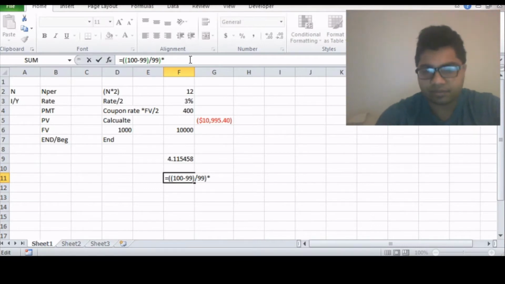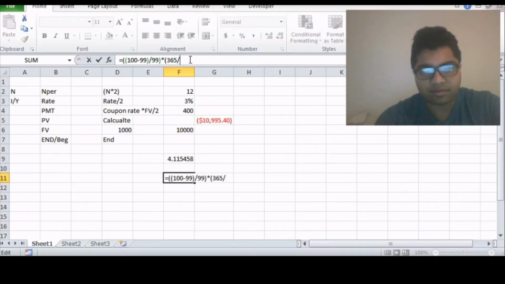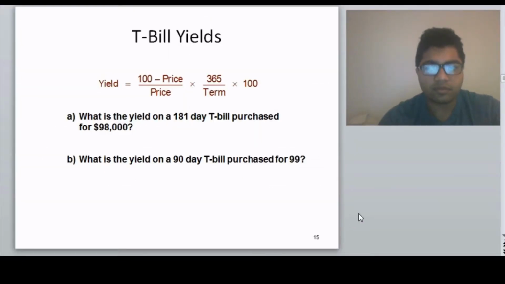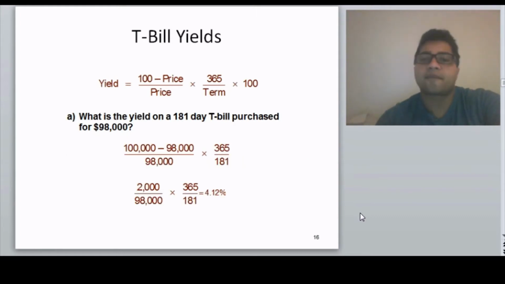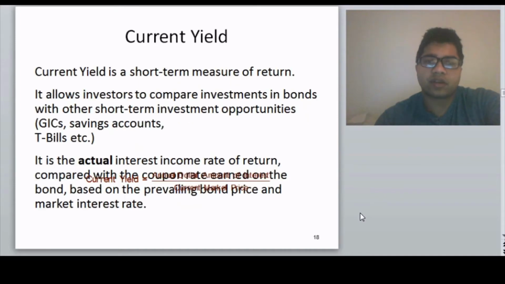Multiplied by 365 divided by 90, since it was a 90-day bill. So the yield is 4.09. So it helps us to compare different maturity T-bills. Okay.